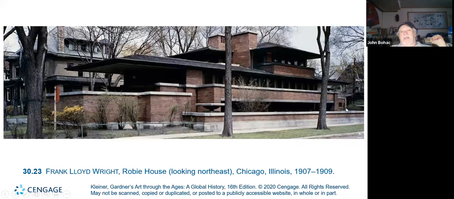And they're basically low, they're flat, and they're designed for function, to be sure, but also aesthetics. And so you see this is prairie style architecture. And Wright worked in Chicago, but he worked all around the Midwest. There are a lot of Wright buildings in Wisconsin, Iowa, Missouri, Illinois.